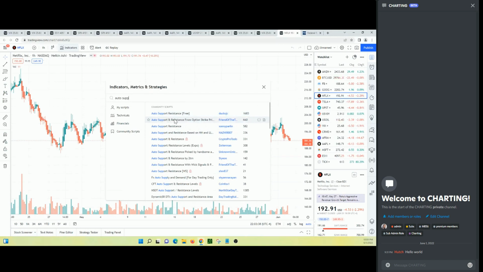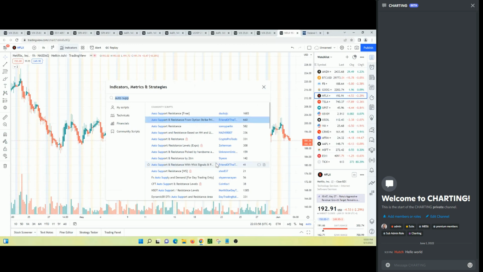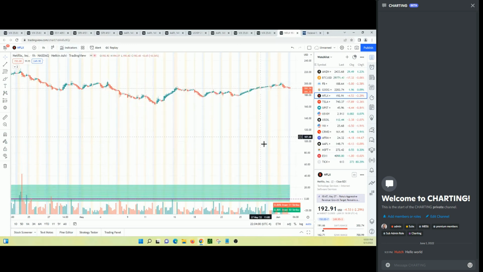No, the third one. There you go. That one, yeah. You need to get to the indicator settings and set your starting strike prices. That's easy enough to do. You have to check the box, hit apply, and then pick.